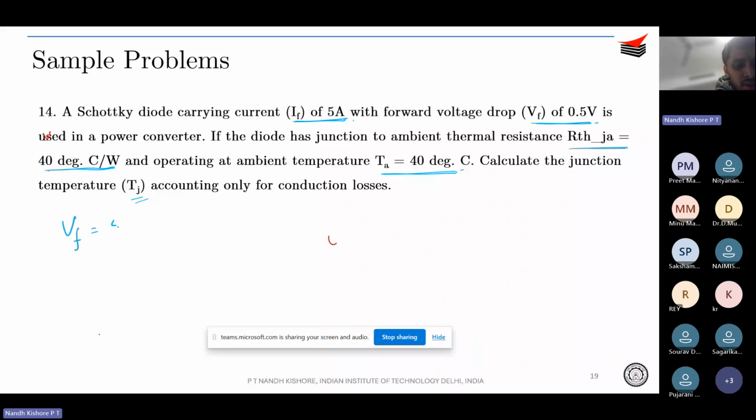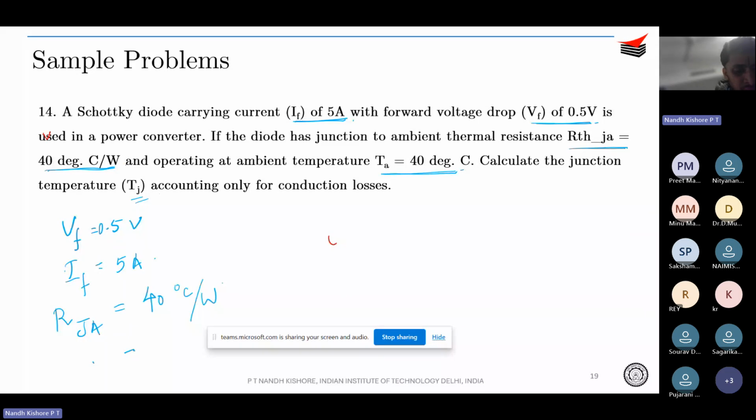So VF is 0.5 volts. IF is 5 amperes. Junction to ambient RJA is 40 degrees per watt.